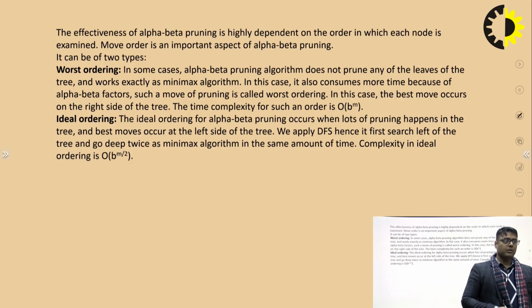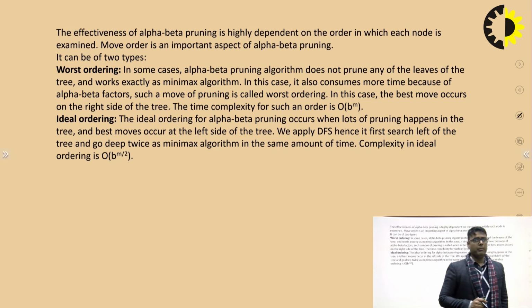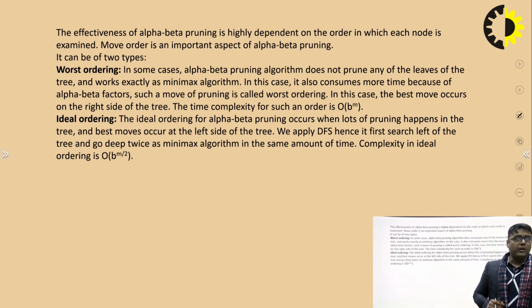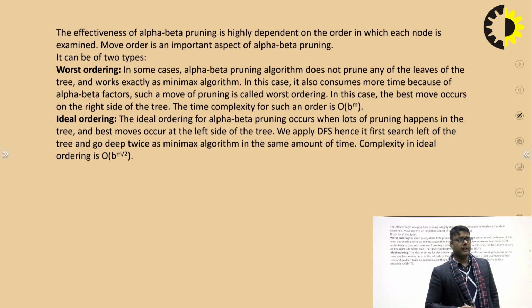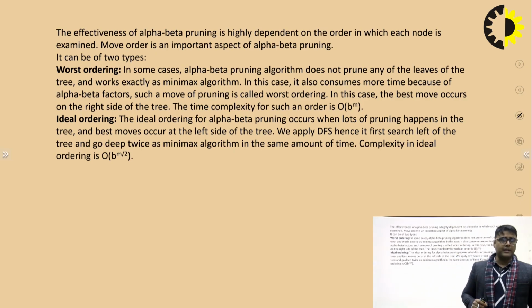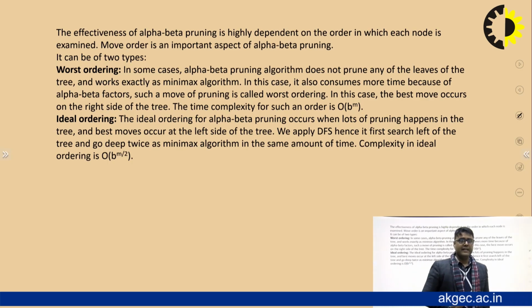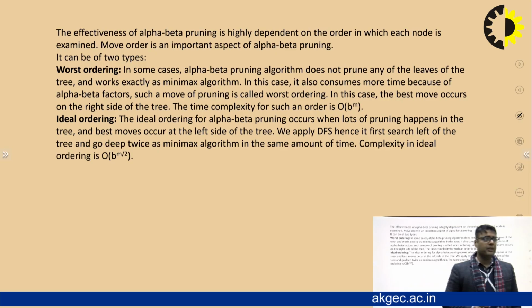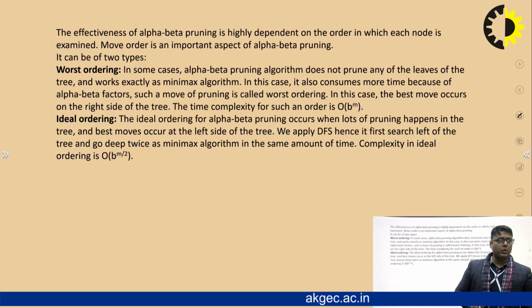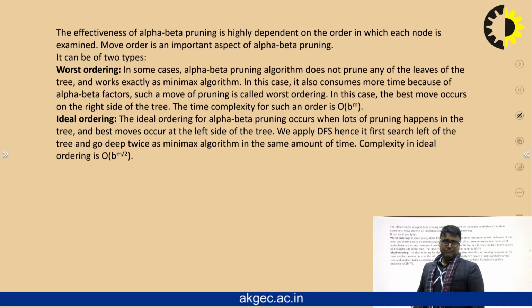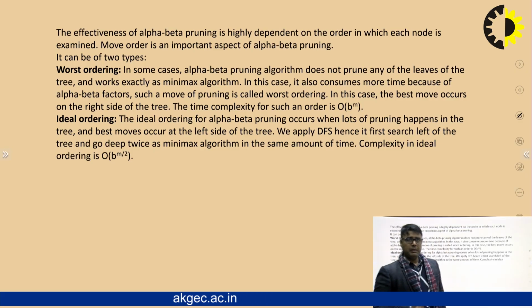So, what is the ideal ordering? The ideal ordering for alpha beta pruning occurs when lots of pruning happens in the tree and the best moves occur on the left side of the tree. We apply DFS, hence it first searches the left of the tree and goes twice as deep as the minimax algorithm in the same amount of time.